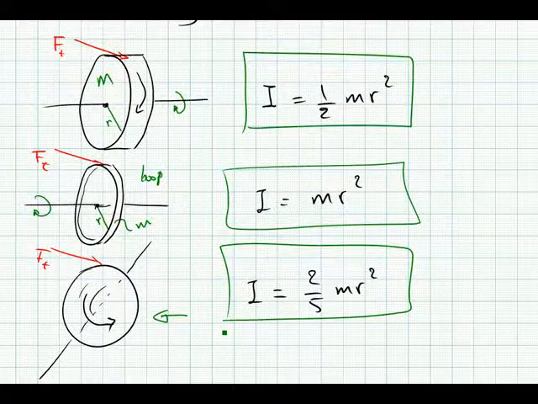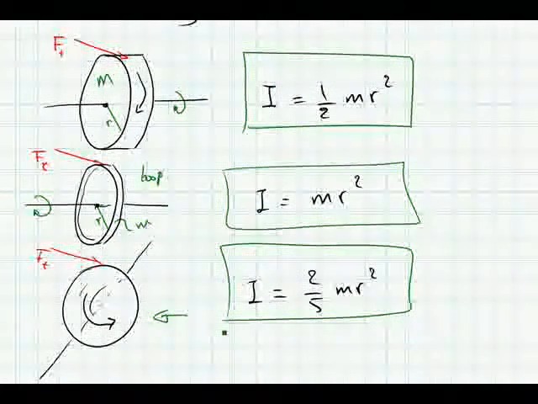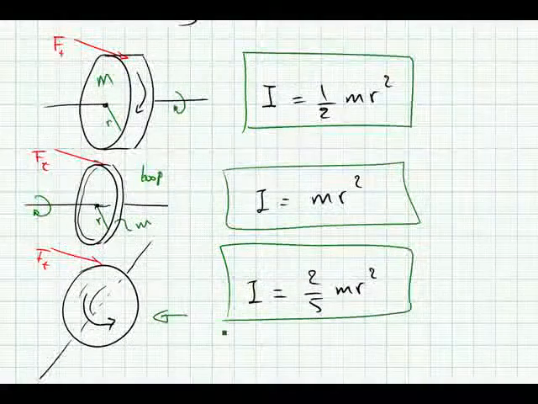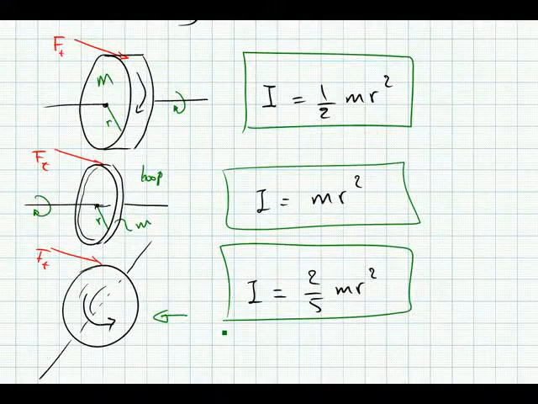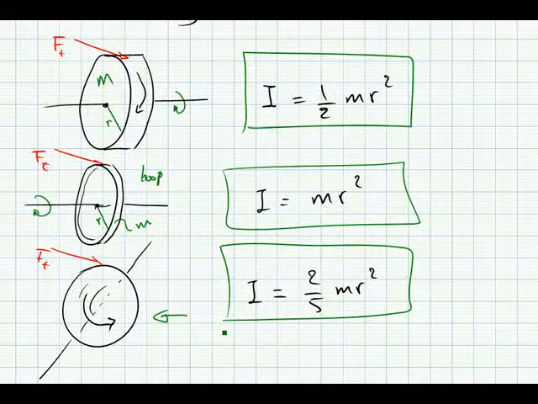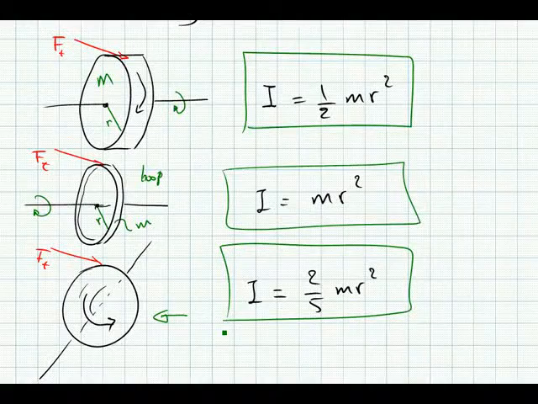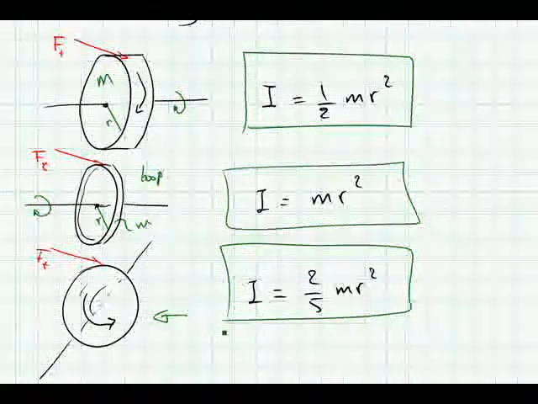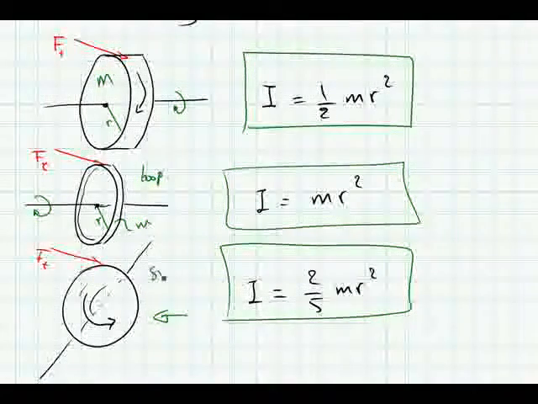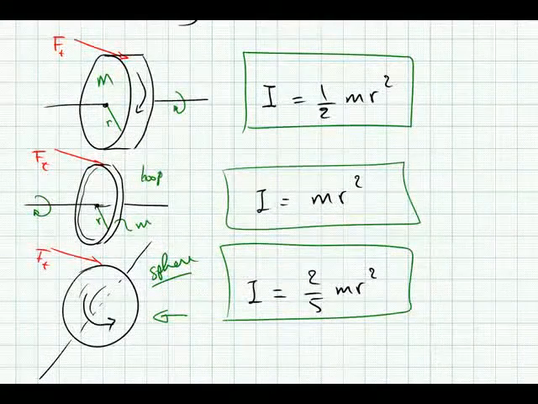Come exam time, the moment of inertia for a given shape through a particular axis will always be given to you to use, but it's a good idea to learn a few anyhow. The most common ones that are used are a disk, a hoop, and a sphere. So here is a solid sphere.